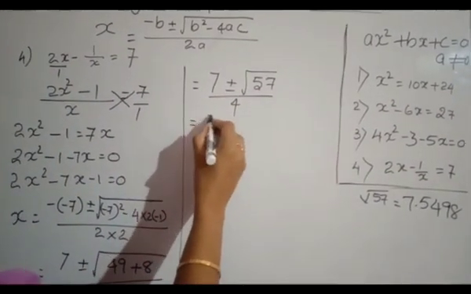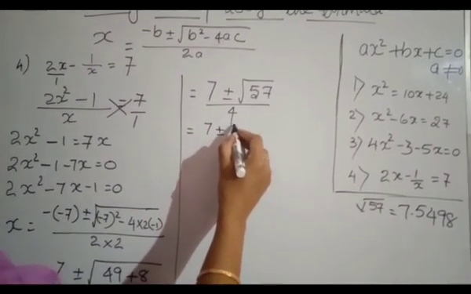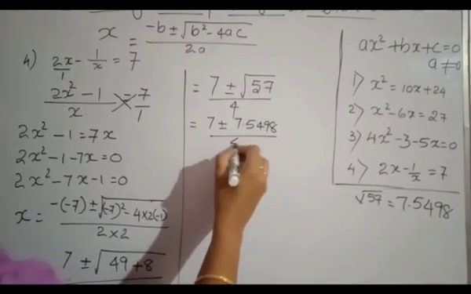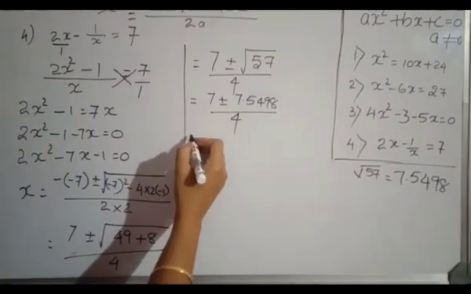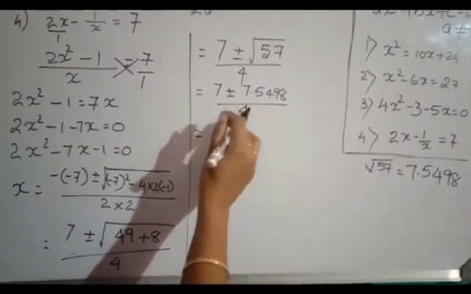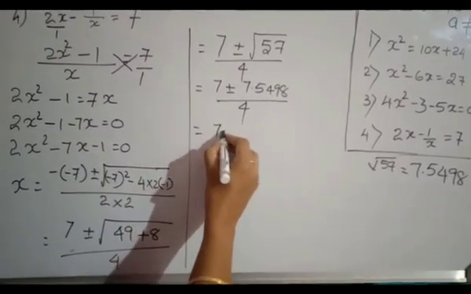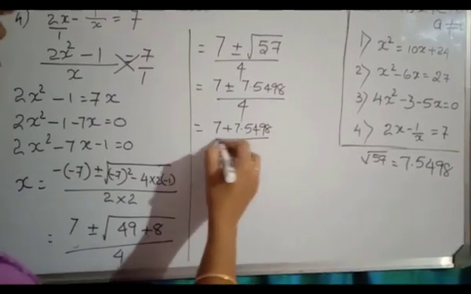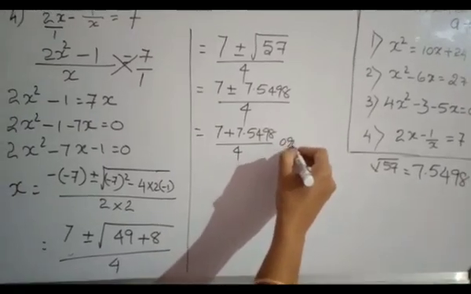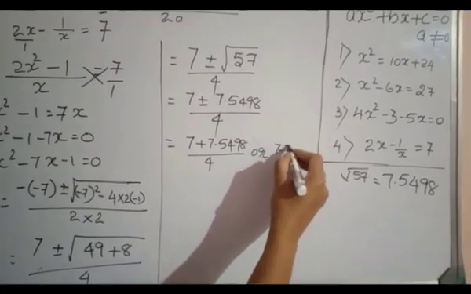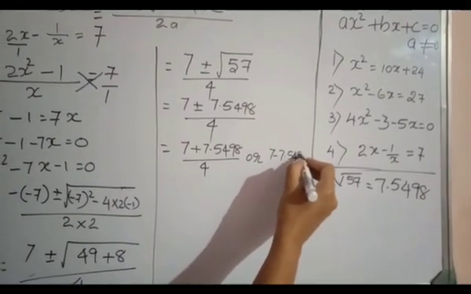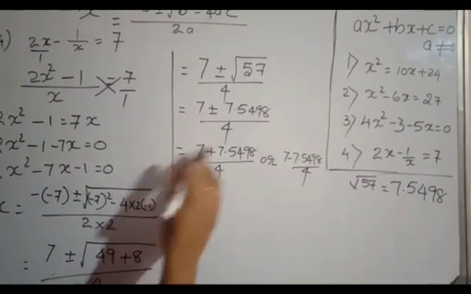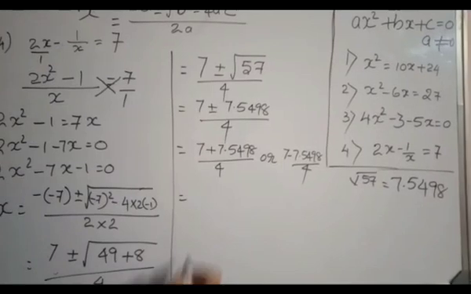You will get 7 plus or minus 7.5498 divided by 4. That's equal to, you'll get two values here, 7 plus 7.5498 divided by 4 or 7 minus 7.5498 divided by 4.